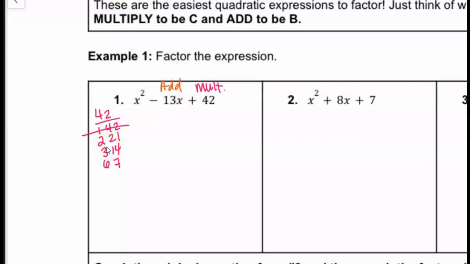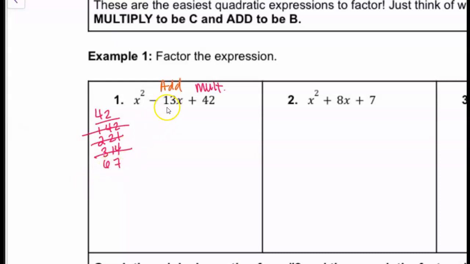If I subtract them, I get 19, which is not what I want. 3 and 14, if I add them, I get 17. If I subtract them, I get 11. 6 and 7, if I add them, I get 13. If I subtract, I get 1. But the important one was 13. I can add these together to get my 13.